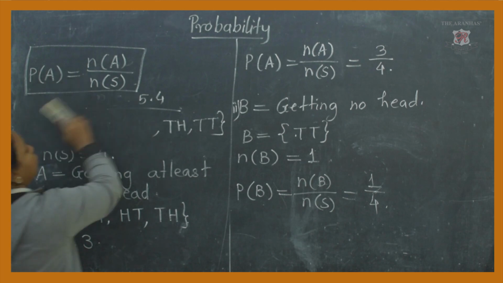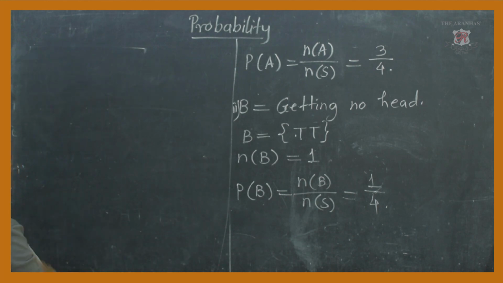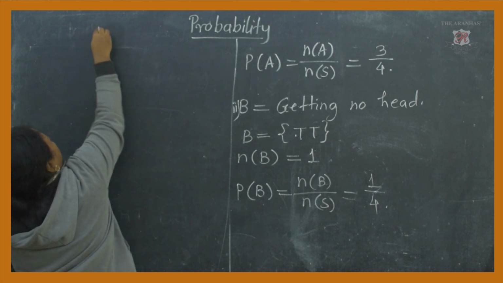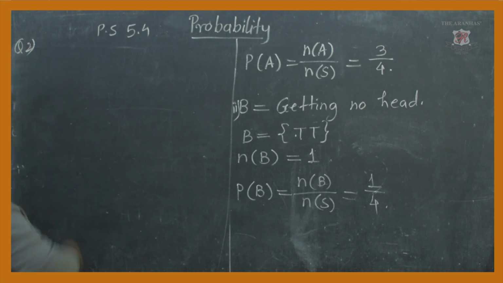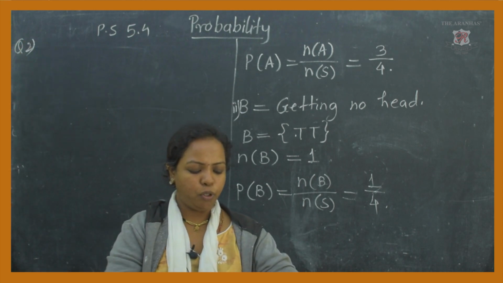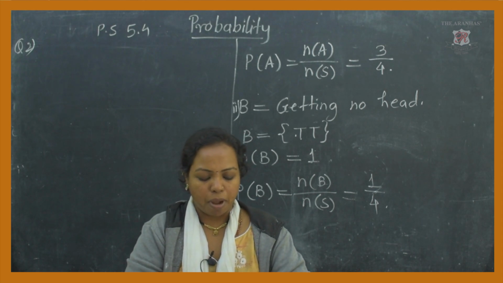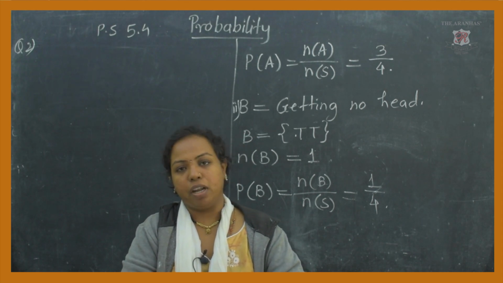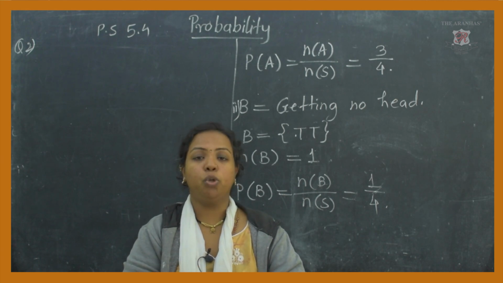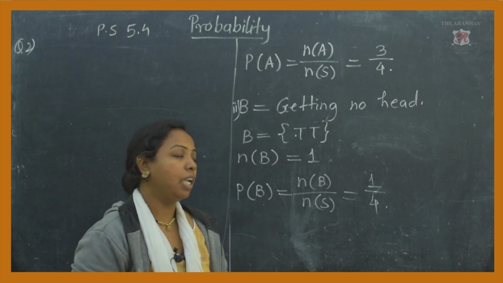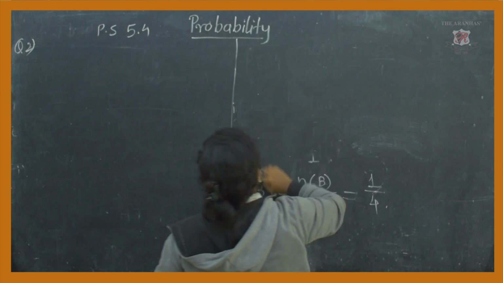What is question number 2 from practice set 5.4? Okay, we will see that. Practice set 5.4, question number 2. I'll read that question. If two dice are rolled simultaneously, find the probability for the following events. Now you know the sample space when two dice are rolled, which I gave in the previous period. You can see all such things in that previous period.